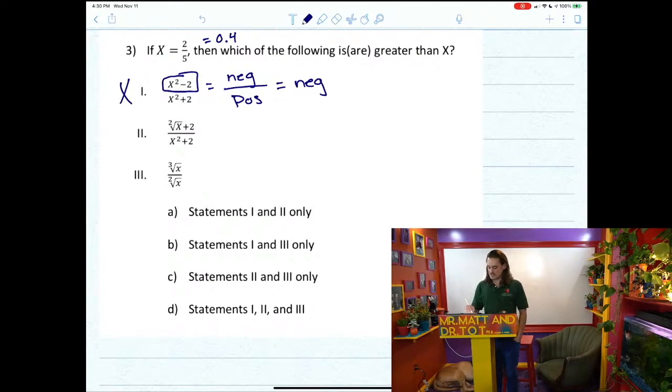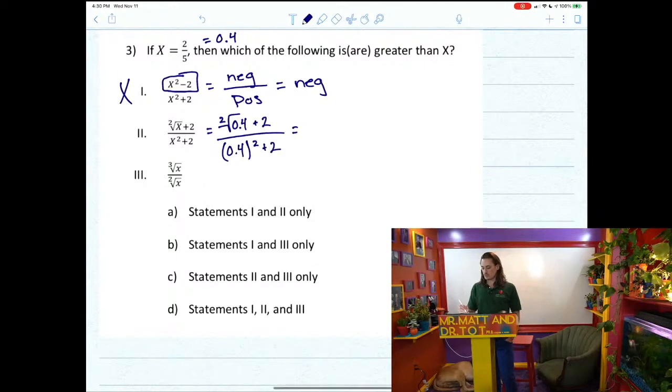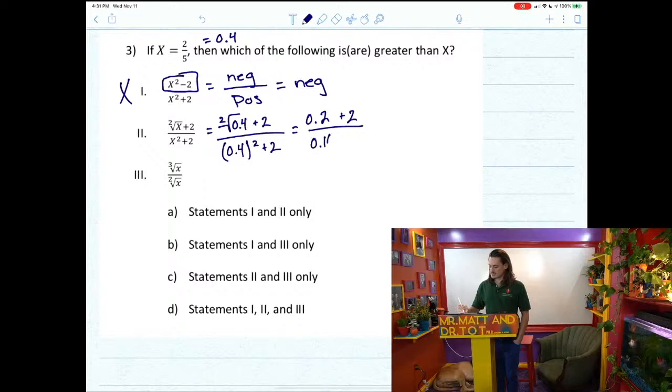So I'm going to take the square root of 0.4 plus 2 over 0.4 squared plus 2. The square root of 0.4 is going to be 0.2. 0.4 squared is going to be 0.16.